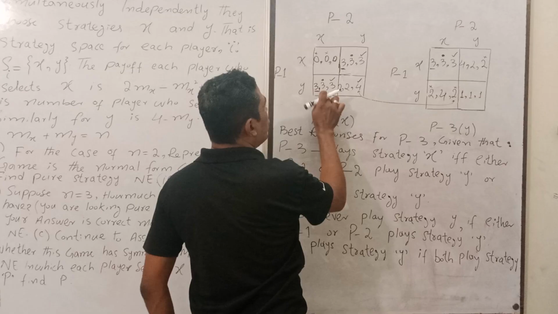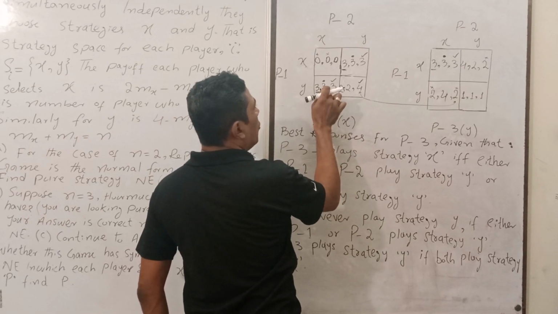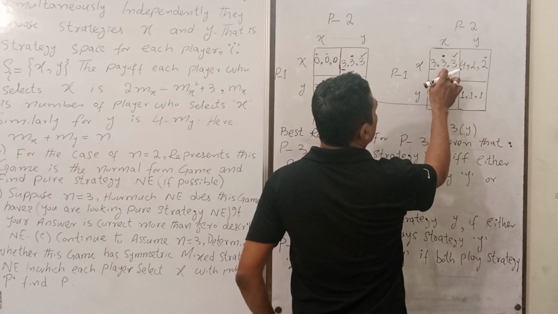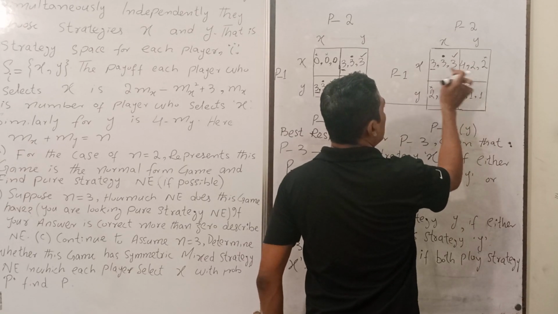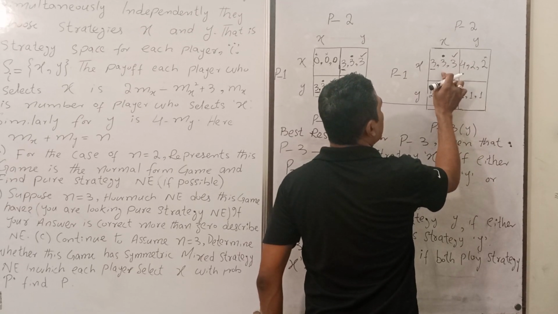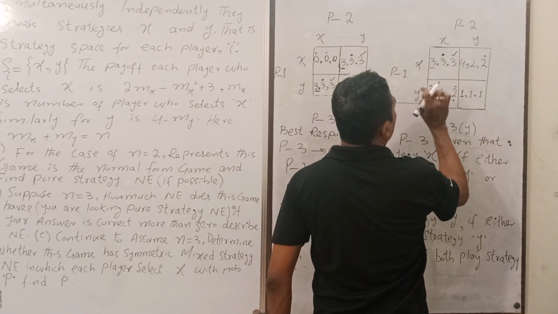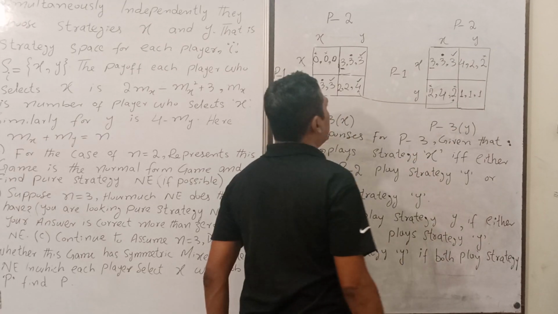Okay, no incentive to deviate from Y on the given condition. Now look at this one, 2 and 2, 3 and 2, no option to deviate. And look at this one, no option to deviate.